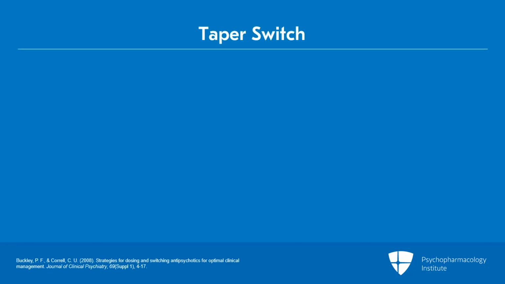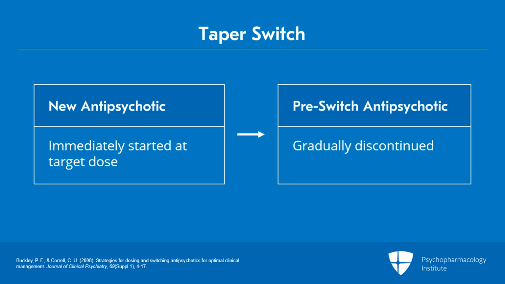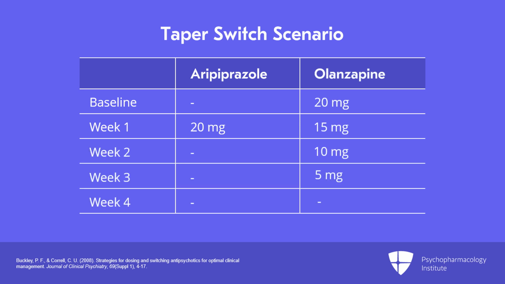A third strategy is the so-called taper switch, which involves immediately starting the new antipsychotic at the target dose and then gradually discontinuing the pre-switch antipsychotic. So, for example, 20 milligrams of aripiprazole is started immediately, and then the olanzapine is tapered off by 5 milligrams per week over a period of 4 weeks.